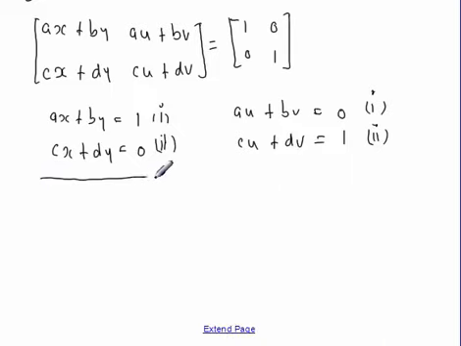I will draw a line there and say I want to eliminate X in this equation and then solve for Y. I'm going to multiply this one by C and this one by minus A. Here I'm going to have AC and here minus AC. When I add the two of them, I'm going to have 0 there.